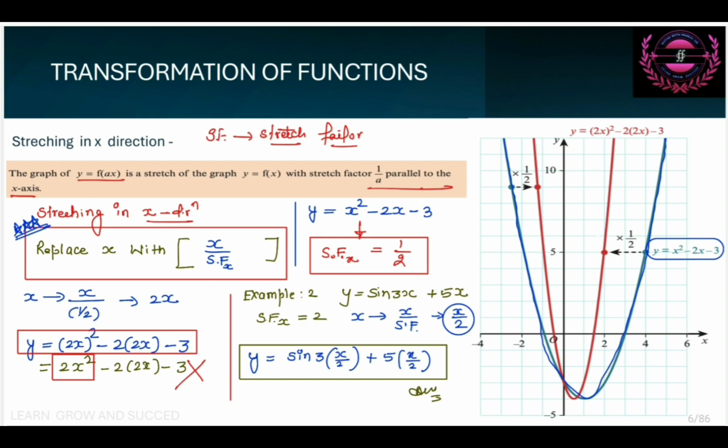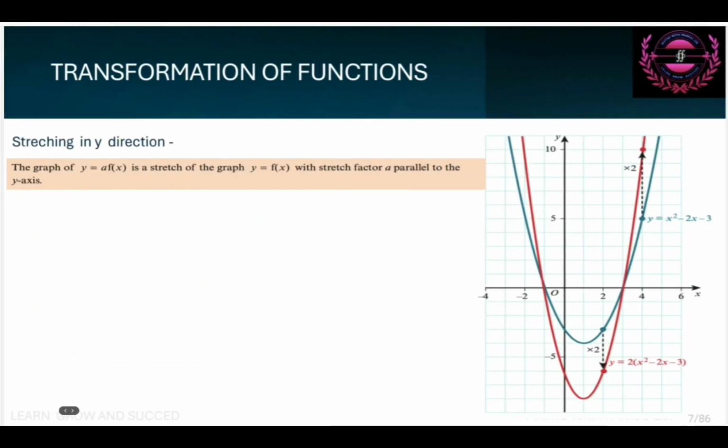Let's move to stretching in y direction. The graph of y equals a f(x) is a stretch of the graph y equals f(x) with a stretch factor a parallel to the y-axis.